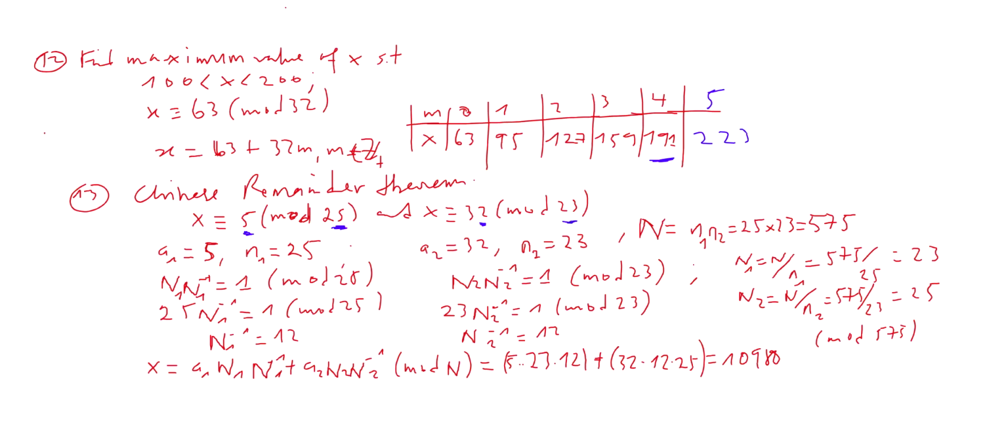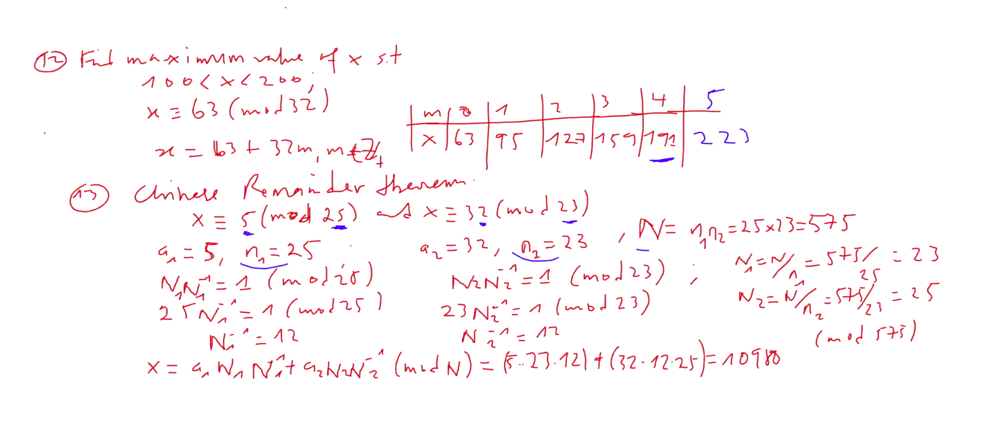Then we create the product of the moduli. We call it a big N, which is N1 and N2 multiplying together to give us 575.